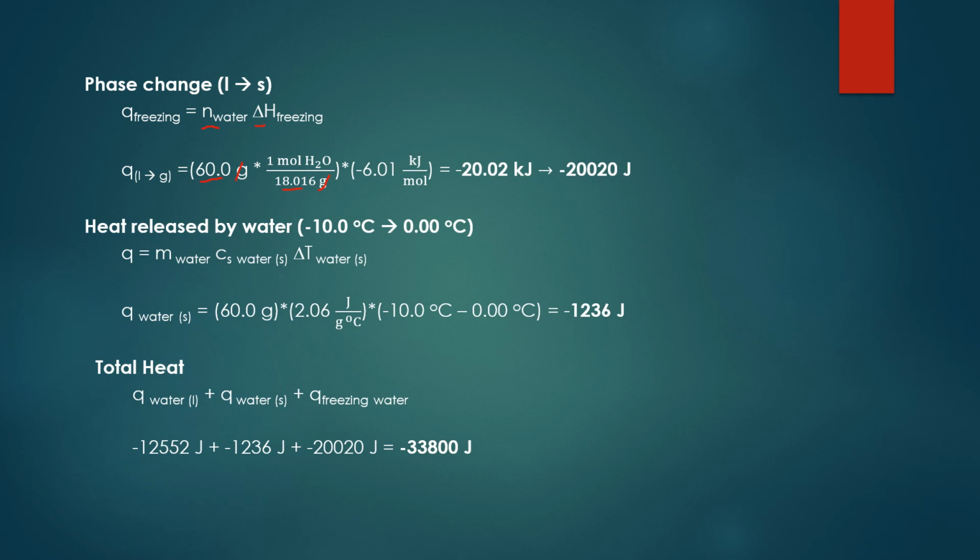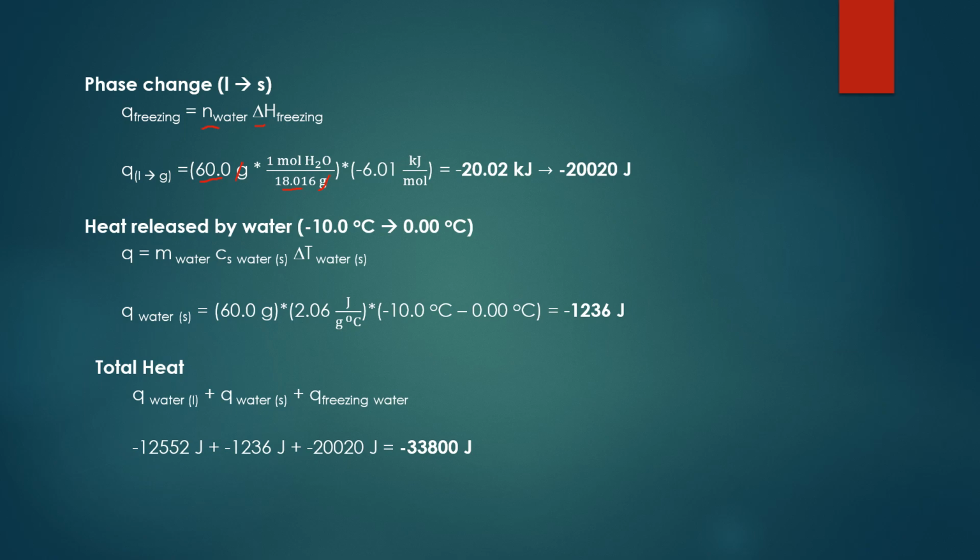Now notice for the delta H portion, they gave us the delta H of fusion. So delta H of fusion is when we're taking a solid and it's being melted into a liquid. So that positive 6.01 kilojoules per mole that they gave you in the original question was representing when you go from a solid to a liquid. But we're not going from a solid to a liquid, we're going from a liquid to a solid.